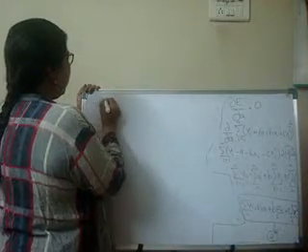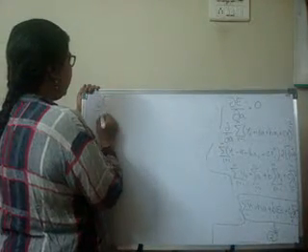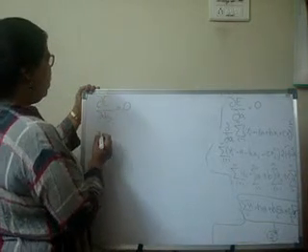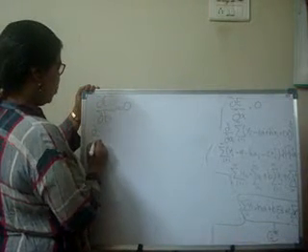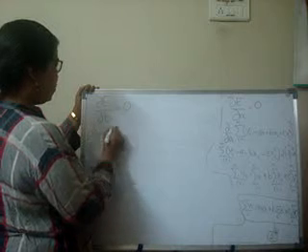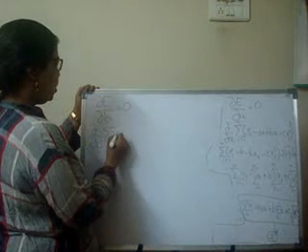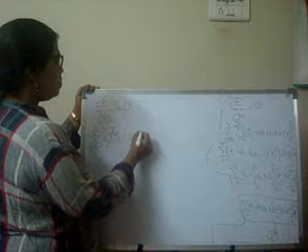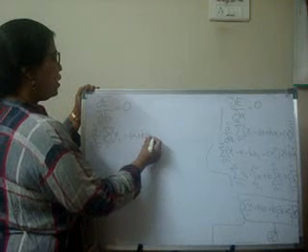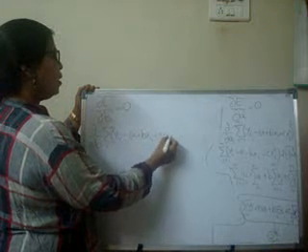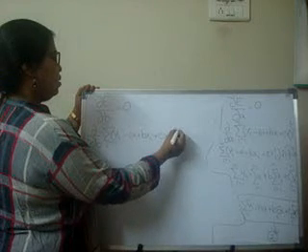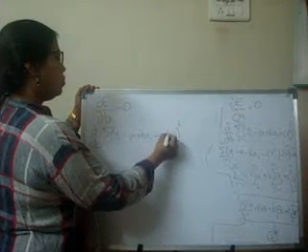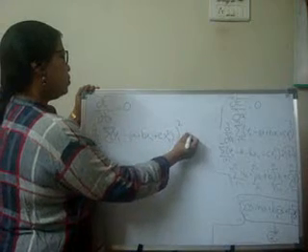Now, dou E by dou B should be equal to 0. How do we do that? So, dou E by dou b is equal to summation over i of (yi minus (a plus b xi plus c xi square)) whole square, which should be equal to 0.